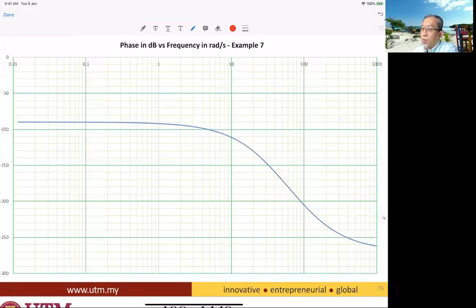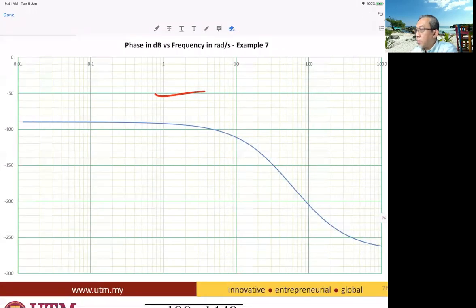Similar to the phase as well. If you look at the phase here, this one is minus 150, and this is minus 200.